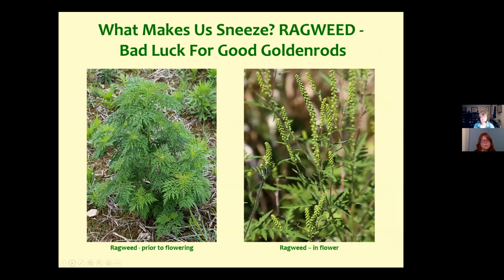Their bad luck is the fact that they bloom at the same time that ragweed is blooming. Now, here's ragweed fully in flower. Ragweed is pollinated by the wind, which is why you sneeze from ragweed, because the wind is carrying the pollen. Goldenrod pollen is very heavy and very thick, and it is not pollinated by the wind.